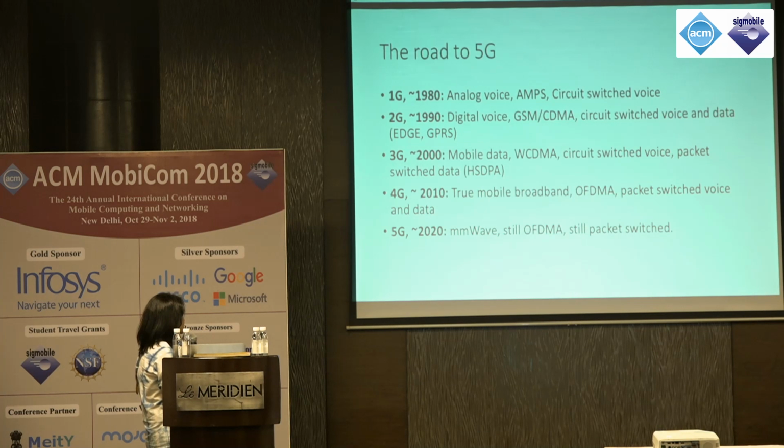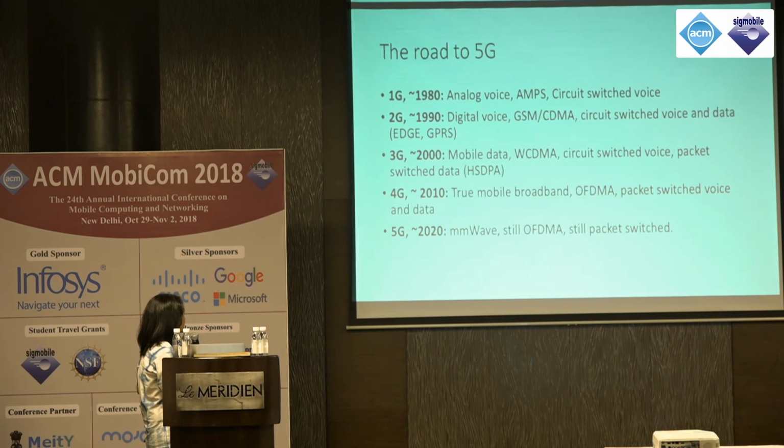Voice still remained circuit switched, but this was really the first system that was designed more for data than voice. And this was the first stage that customers got of what it would be like to have mobile data, right?